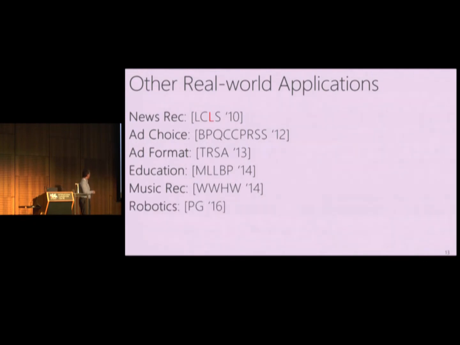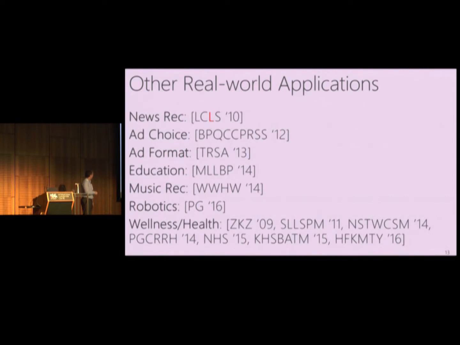There's music recommendation, there's robotics, and then there's a lot of work on wellness and health. So all of these are using some sort of near immediate reward or directly immediate reward reinforcement learning in a contextual bandit paradigm, or something extremely close to that in the way the problem is formulated.